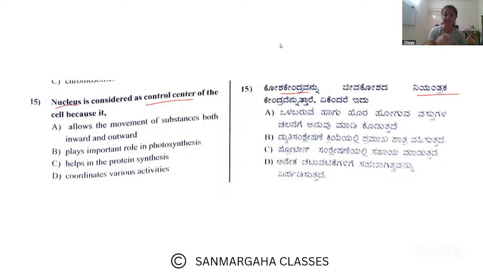Which option is correct? Whether it allows the movement, or plays a role in photosynthesis, or helps in protein synthesis, or coordinates various activities. So nucleus, control center, the name itself says controlling so many things. The power it has to control many things, right?